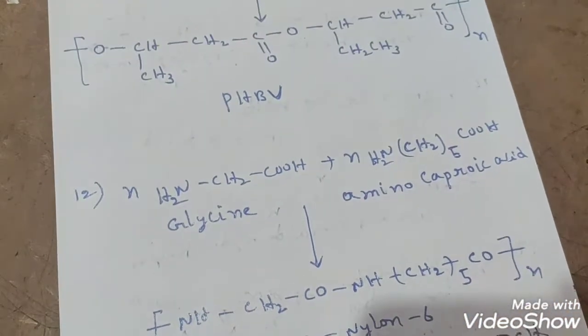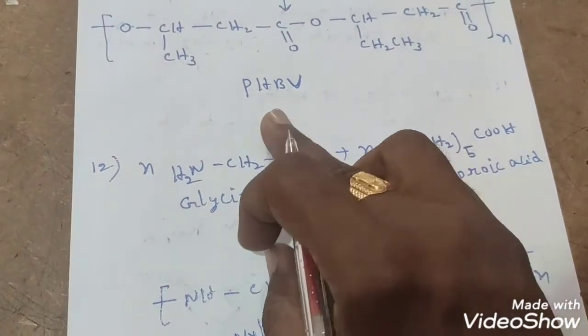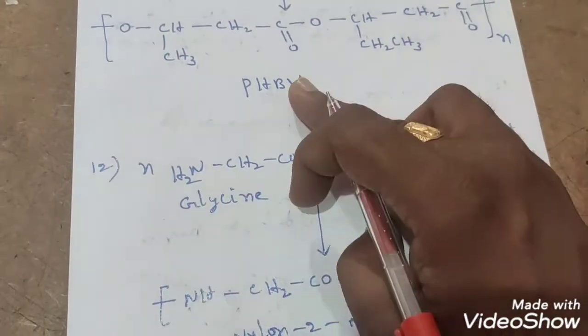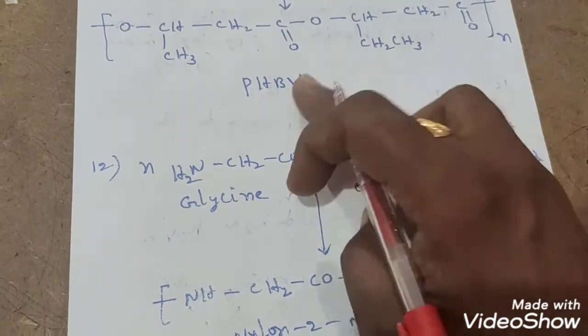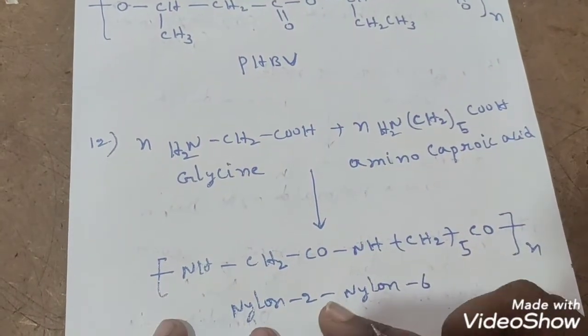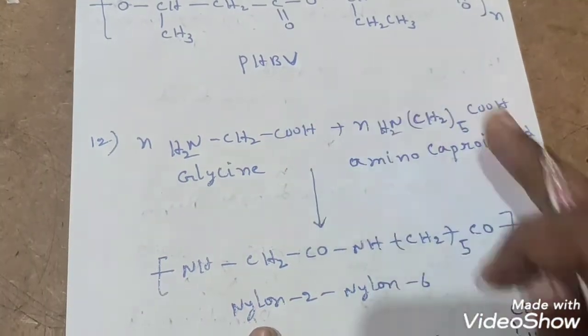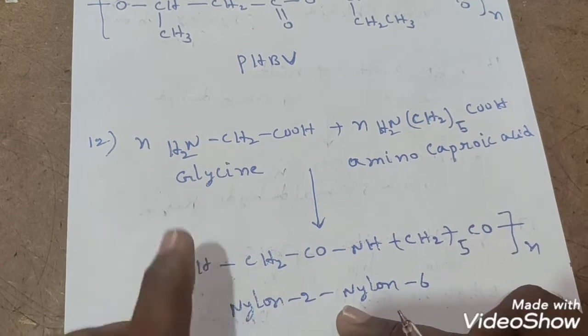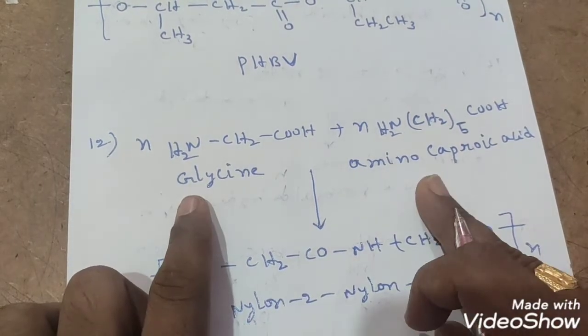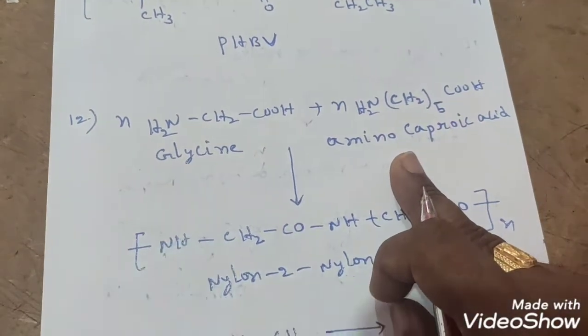See that nylon 2 nylon 6 and PHBV are both biodegradable polymers. Sometimes they ask, among the following, which are biodegradable polymers, that you have to identify: nylon 2 nylon 6 as well as PHBV. How do we prepare nylon 2 nylon 6? It came from glycine and aminocaproic acid.